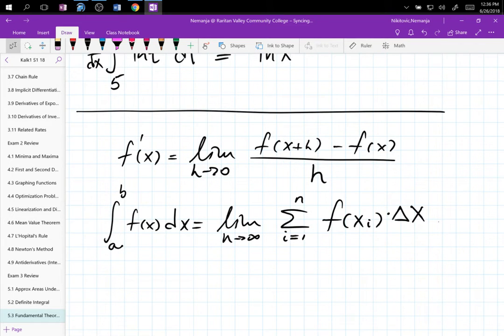Can anyone, looking at these two formulas, tell me why integrals and derivatives cancel each other out? Don't be shy. Why do they cancel each other out?